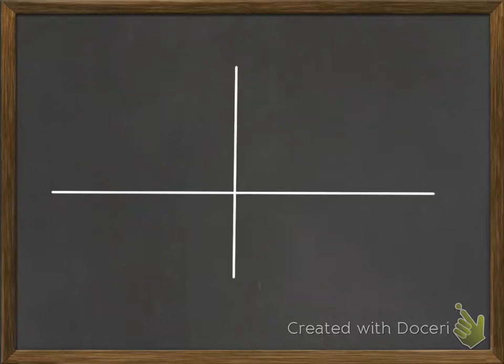Now, to understand why we have two solutions for x, here is a quick sketch. A quadratic equation of the form ax squared plus bx plus c equals 0 is in the shape of a parabola when you graph it.